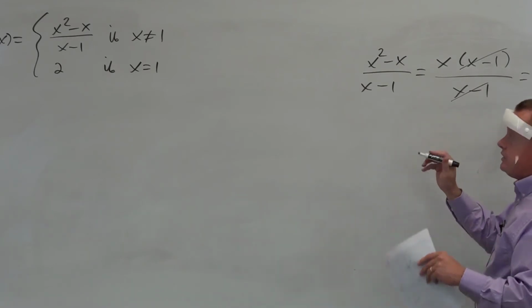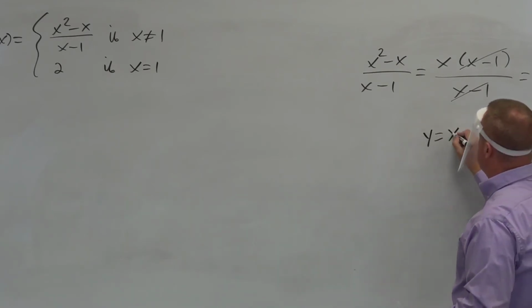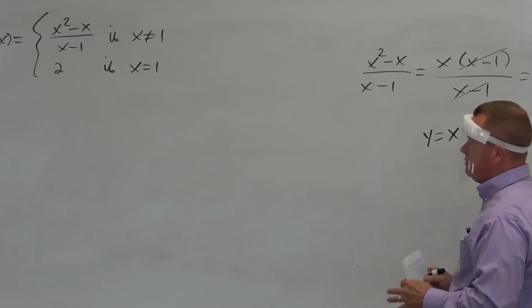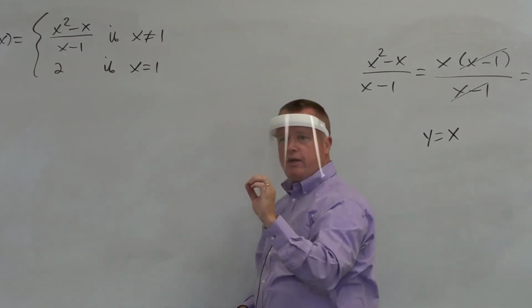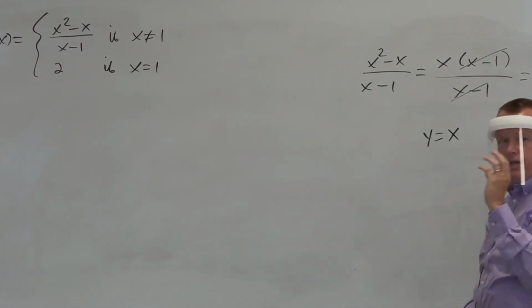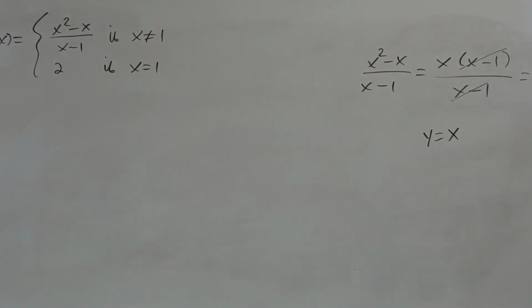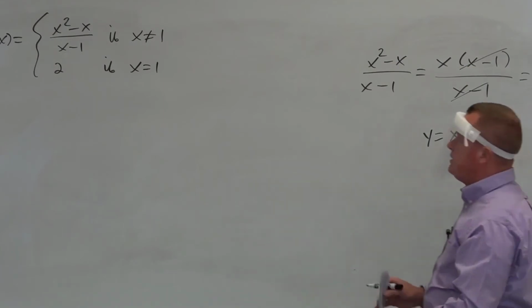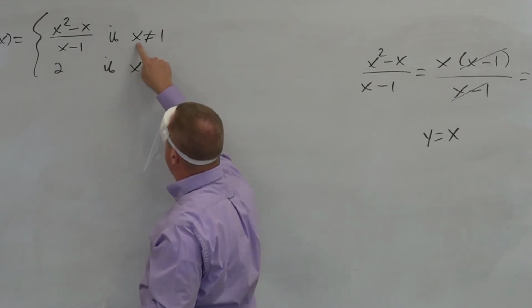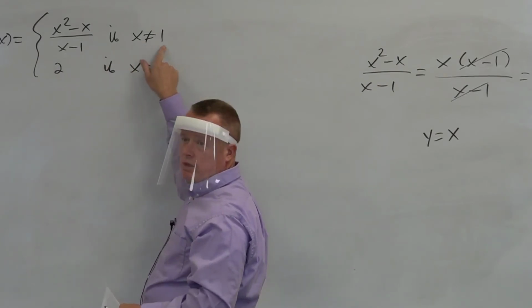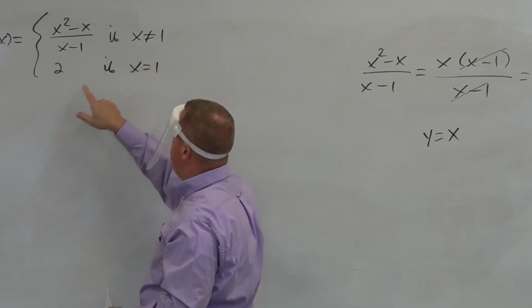So that is really just the line y equals x, except whenever x is 1, you would have a hole in the graph right there, because it's not defined, because you'd be dividing by 0, okay? But that's fine, because here, we do this one everywhere except when x is 1. And then when x is 1, we do 2.